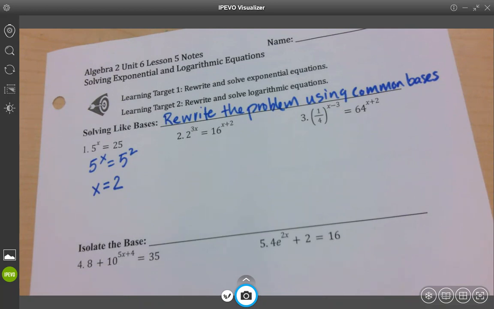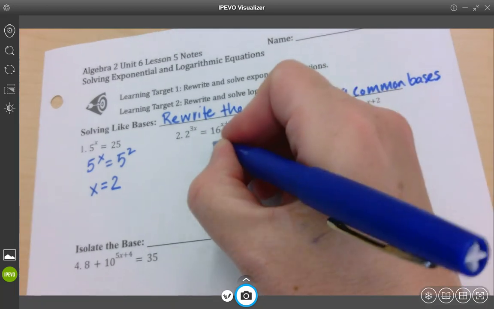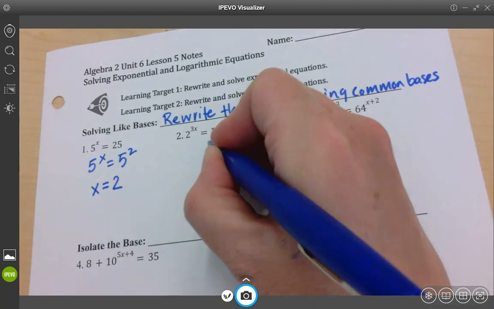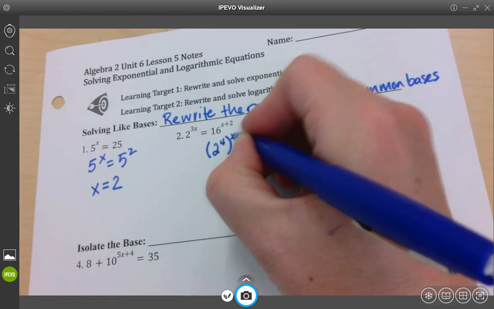I heard 2 votes for 4. You want to try it out and see if it works? 2 times 2 is 4, times 2 is 8, times 2 is 16. It worked, right? So 16 equals 2 to the 4th. So we're going to replace 16 with 2 to the 4th, keep everything else the same.